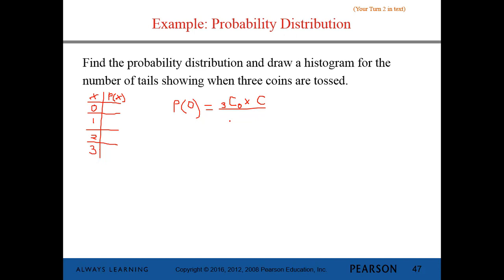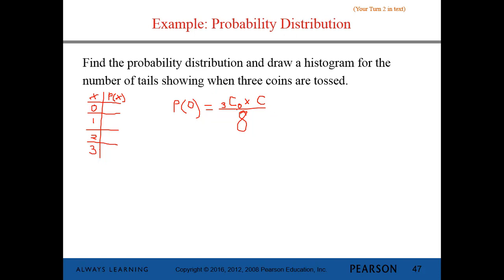Well, if I look at the permutations, it's going to be 2 times 2 times 2, which is going to be 8. So I get 8 possible outcomes, right? Because I get heads, heads, heads, heads, heads, tails, heads, tails, heads, heads, tails, tails, right? And then I can just repeat the process beginning with tails, okay?